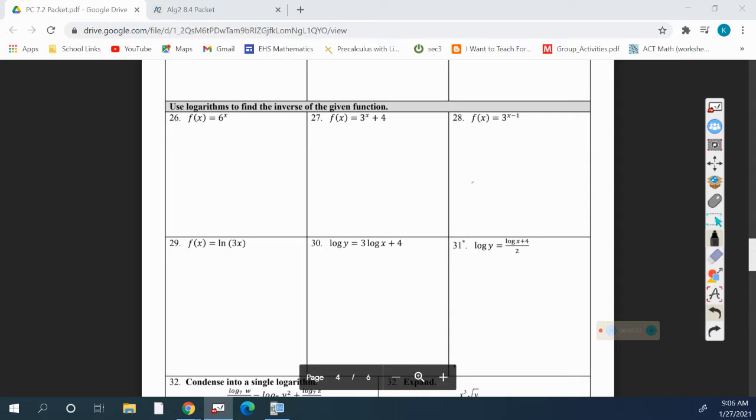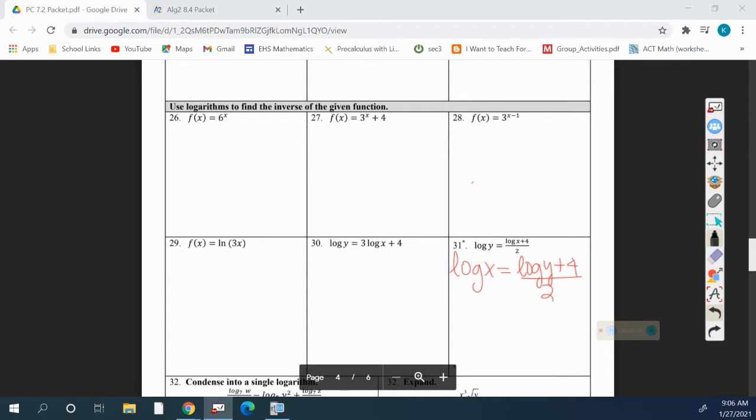Okay, so what's step 1? Switch x and y. Remember, we're finding the inverse. Step 1, switch x and y.